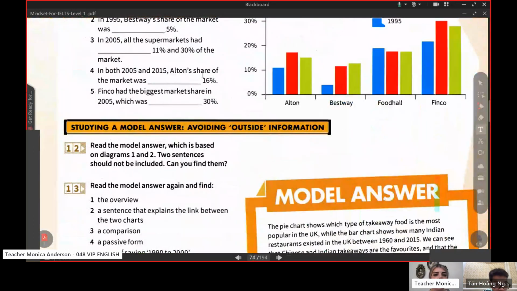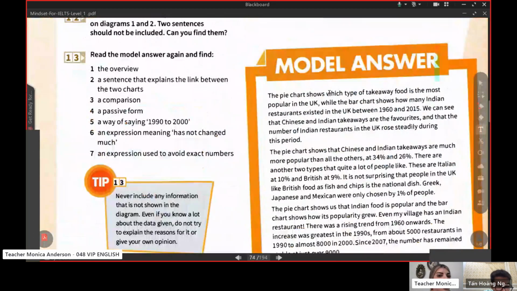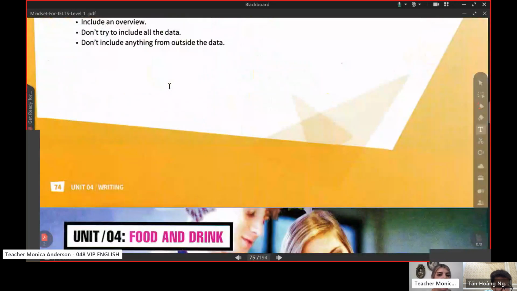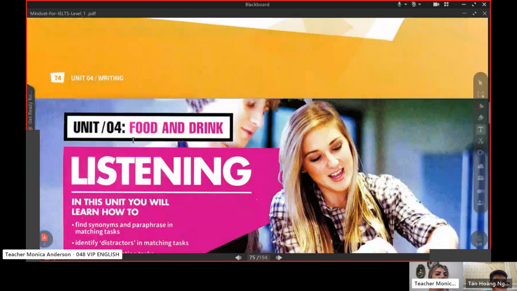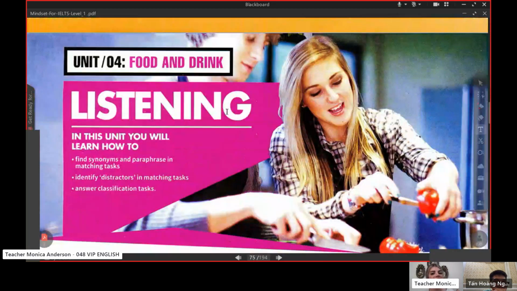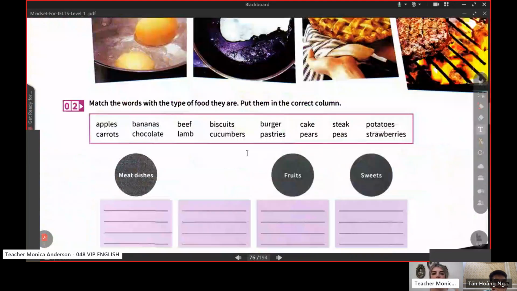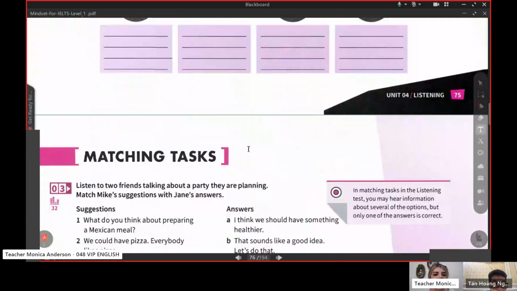Then we have a model answer, and we have the exam skills. This is your exam. Each session you will have an exam. Then we have, for example, the listening section, again about food and drink. Now, this section concentrates on listening. We have some audio tracks. You can listen and answer.